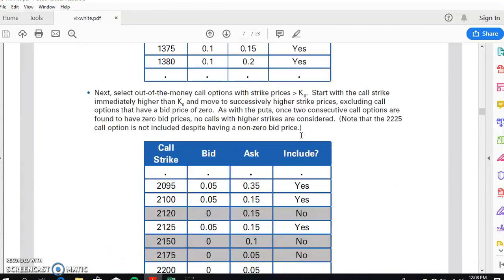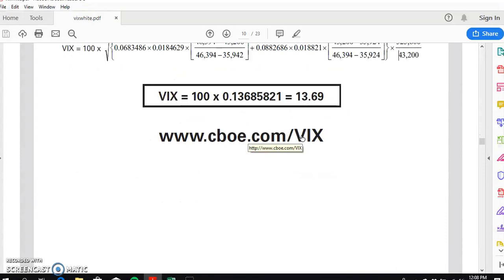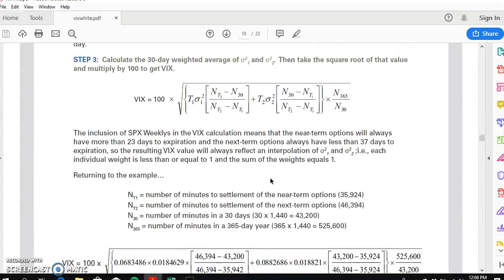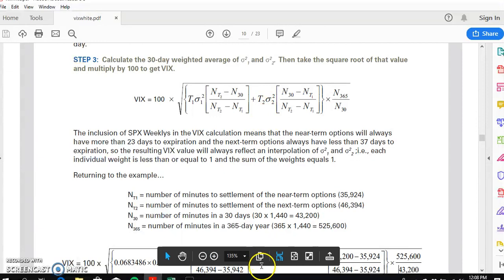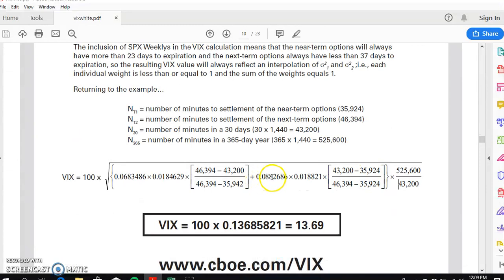When we go a little bit further into the estimation for T2, we can see that the misprint is corrected. So for T2, we have down here 0.08826.